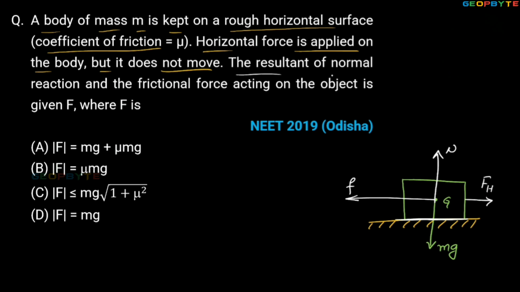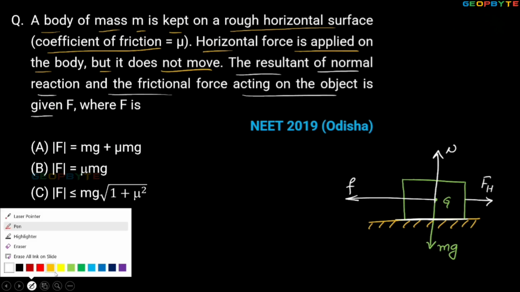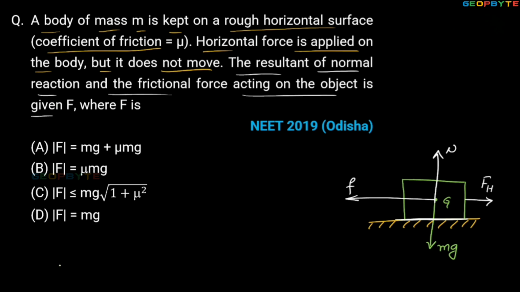Then, what is the resultant of the normal reaction and the frictional force acting on the object? For that, as you know, the frictional force F equals mu into N. But N must be balanced by mg, so it is equal to mu mg.